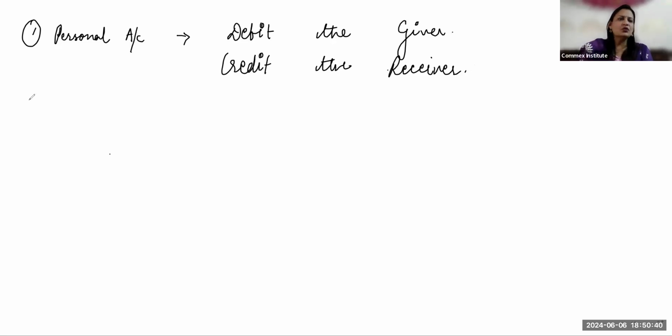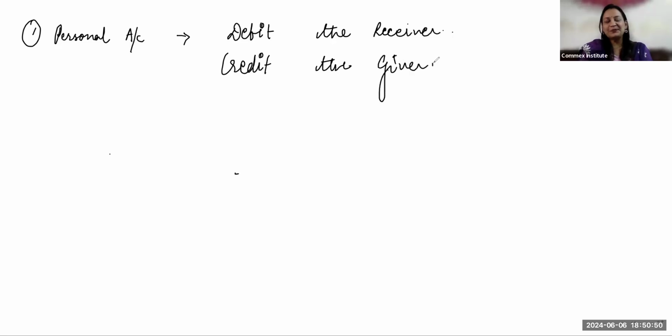Sorry, I'm so sorry. Debit the receiver, credit the giver. Debit the receiver and credit the giver. Okay, now how to apply that rule?